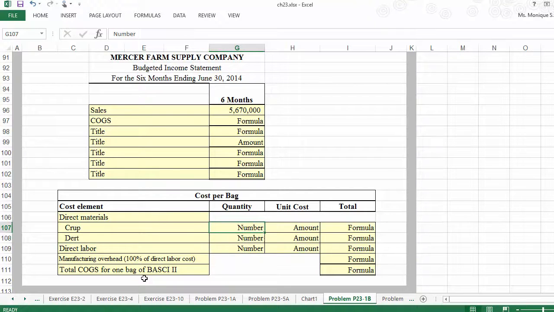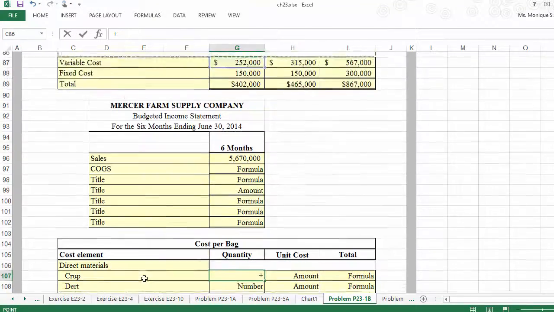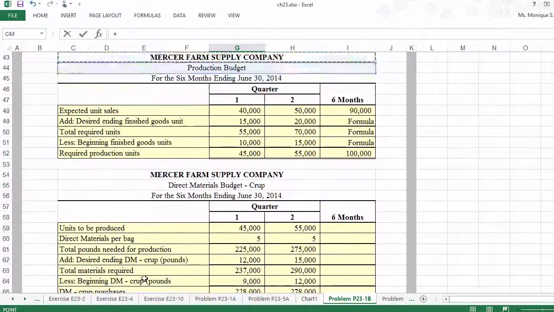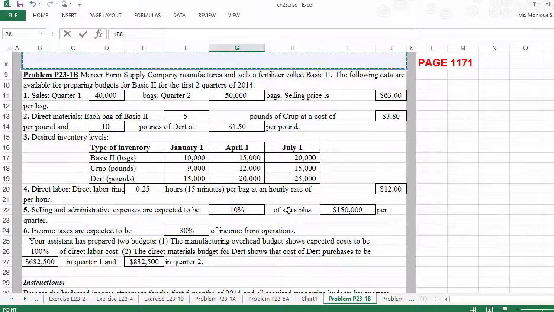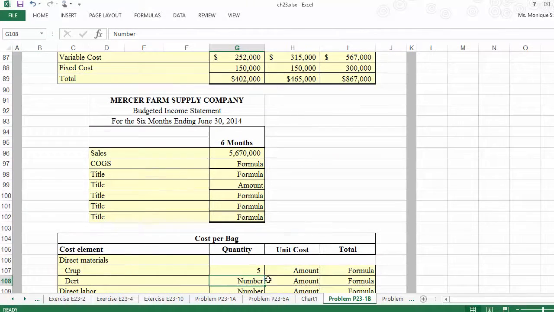So for our crop, it was 5 pounds, and that was from the problem. And it was, I think, $3.80, if I'm not mistaken. So 5 pounds, and then $3.80.